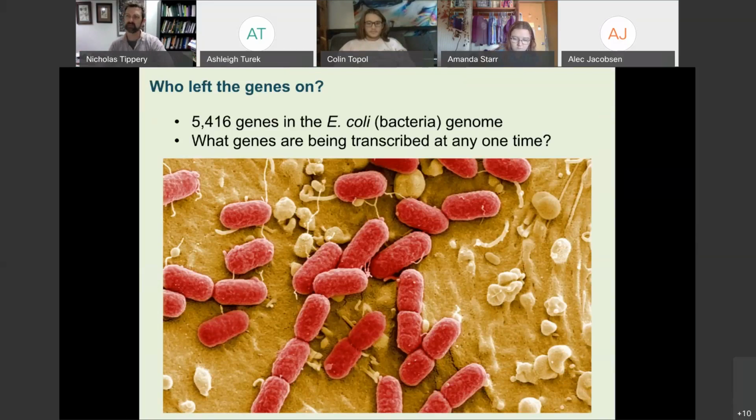And this is important because, if you just took all the gene instructions that you have and made them all into proteins all the time, all of your cells would be uniform, and your cellular protein components would be the same at all stages of life, across all different organs in your body, and so on.